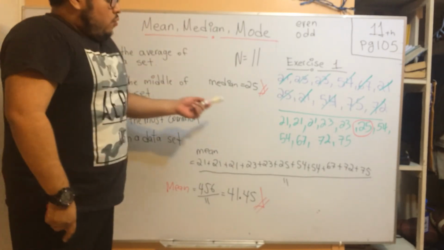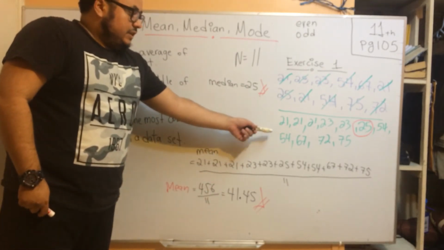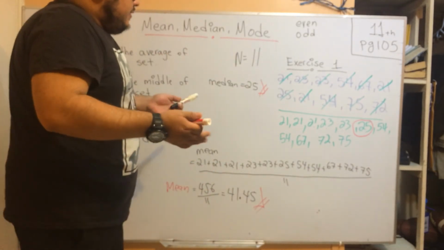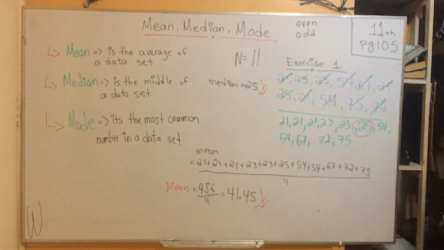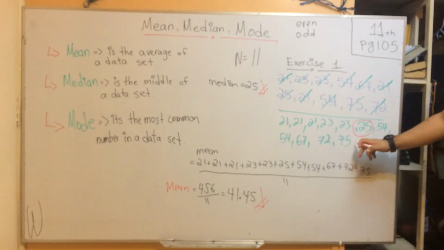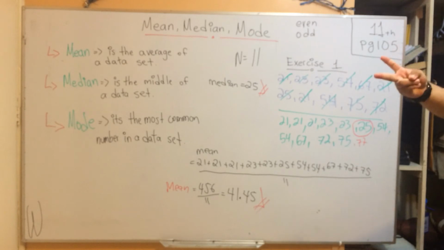Now what happens if instead of having 11 numbers, we have 12? Let's put an imaginary number here. What if we have another number, let's say 77? If we have 12 numbers, we're going to find the middle two numbers.